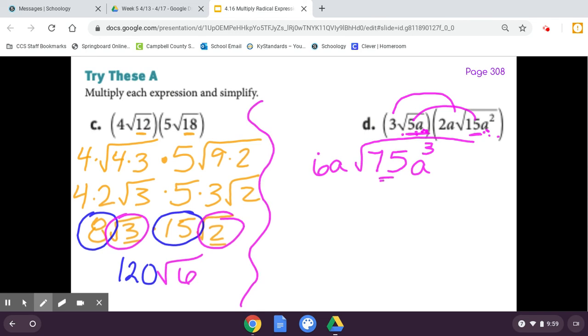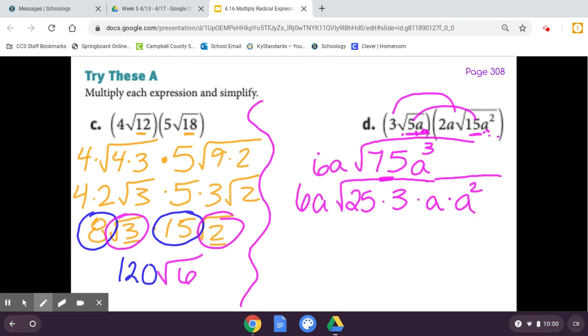Now I know that 75 has a perfect square. So I can rewrite it. 6a times 25 times 3 times a squared. I separated those out because this one's a perfect square and this is a perfect square.